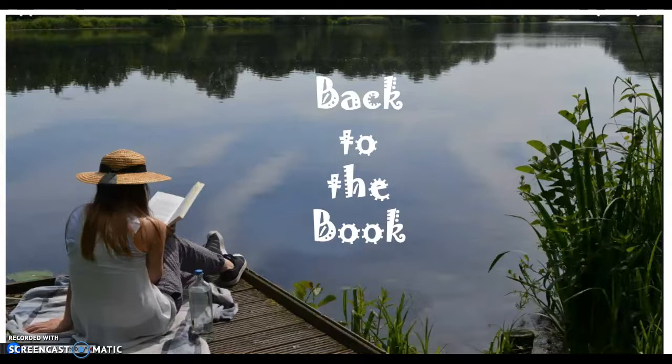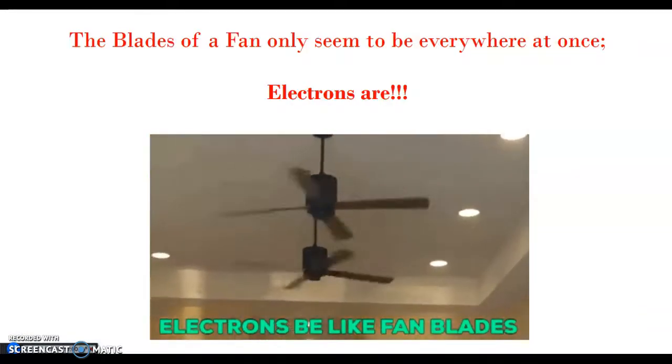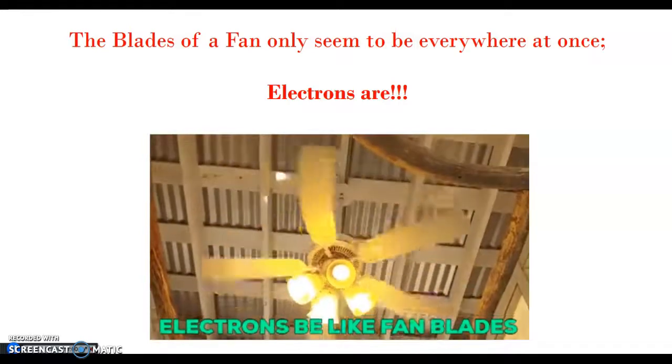In fact, as physicists were soon to realize, electrons are not orbiting planets at all, but more like the blades of a spinning fan, managing to fill every bit of space in their orbits simultaneously. But with the crucial difference that the blades of the fan only seem to be everywhere at once, whereas electrons are. Think about the blades of a fan you've seen before.